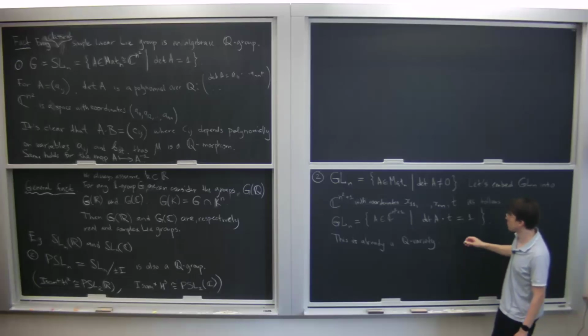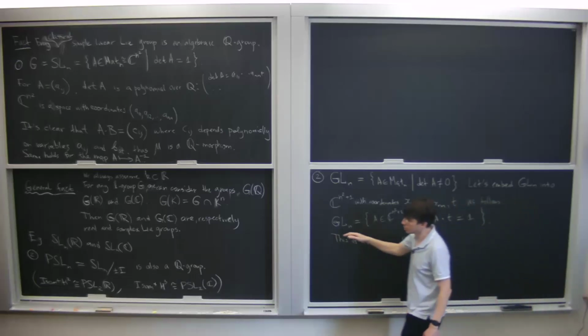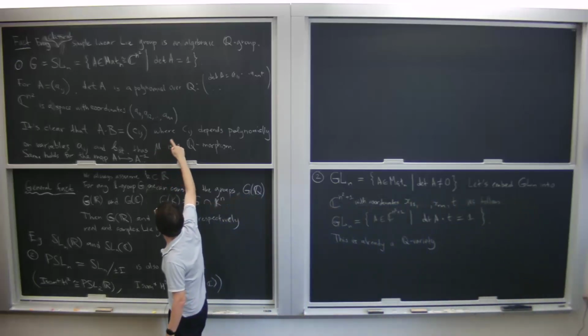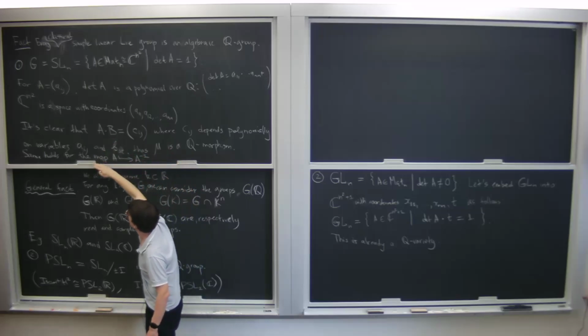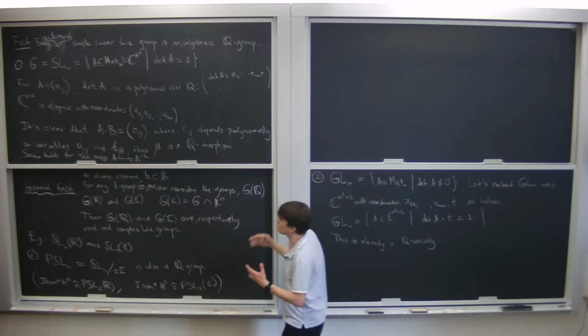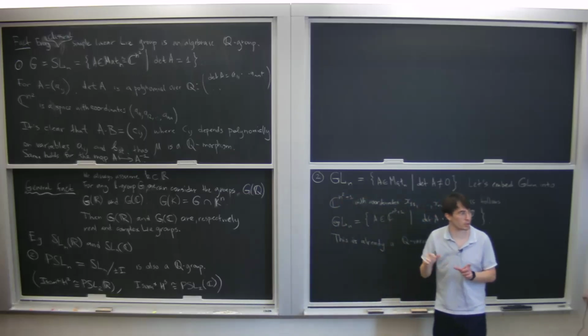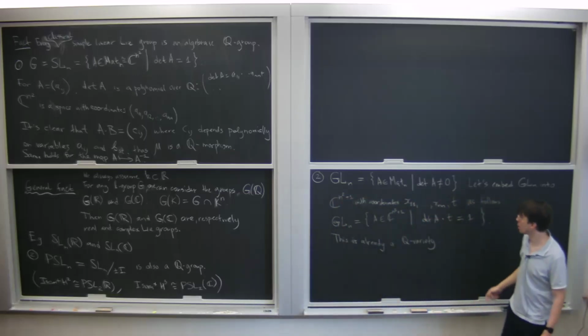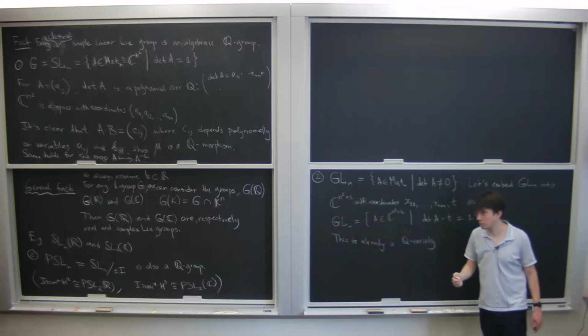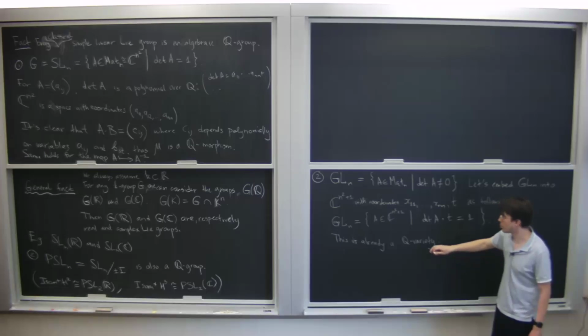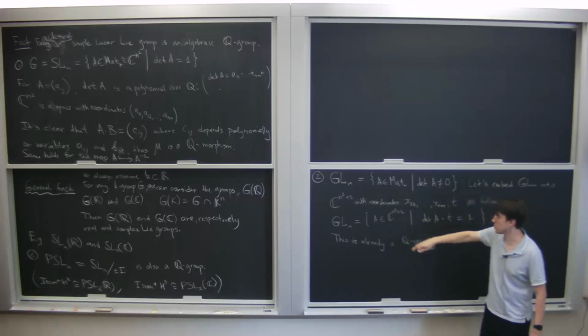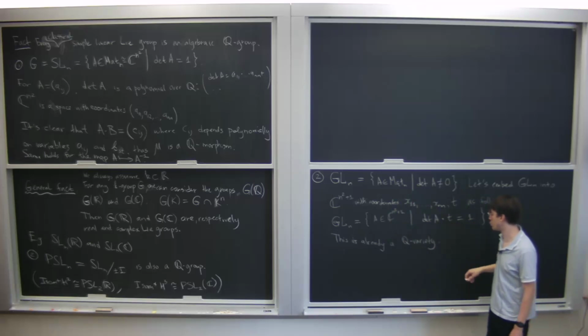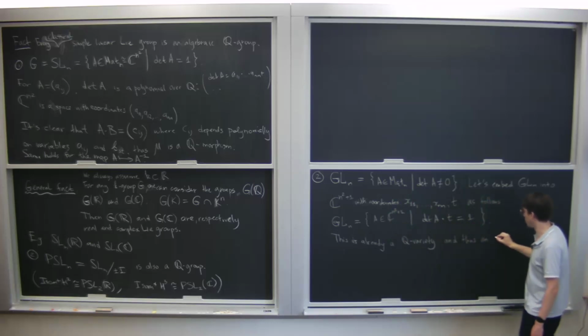And it definitely is an algebraic group, since the product and the inversion are just matrix multiplication, which gives polynomial morphisms with coefficients in the field Q. So the trickiest part was to get this as an algebraic variety. So this is already a rational variety, and thus an algebraic group.